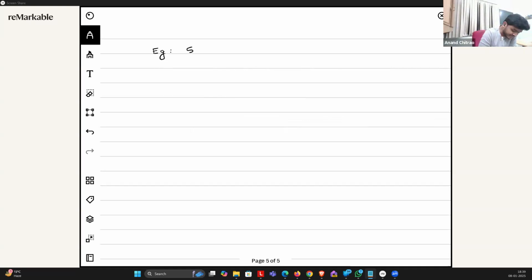So the example is S3. I want to say S3 is a semi-direct product of Z2, I mean Z mod 2Z, and Z mod 3Z, where the map F over here goes from Z2 to Aut of Z3, sending 1 to the automorphism, the map sending x to minus x.